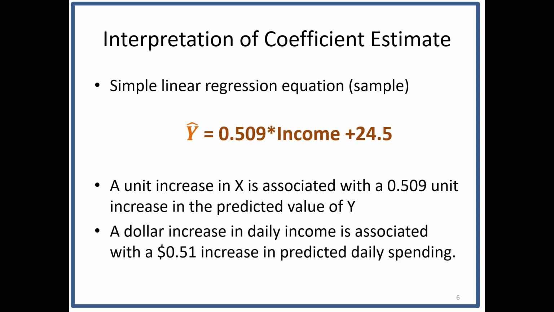We got the equation y hat equals 0.509 times income plus 24.5. We can interpret that as a dollar increase in daily income being associated with a 51 cent, or $0.51, increase in predicted daily spending. So our beta hat 1 equals 0.509, and our beta hat naught is 24.5.